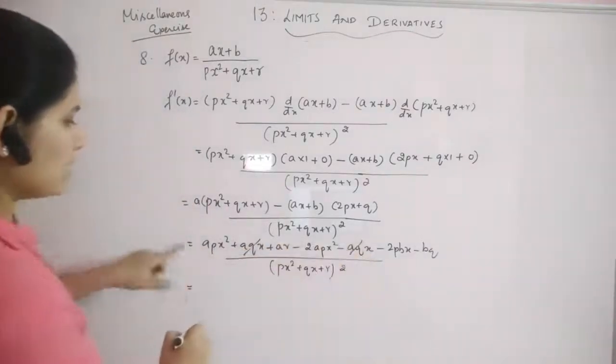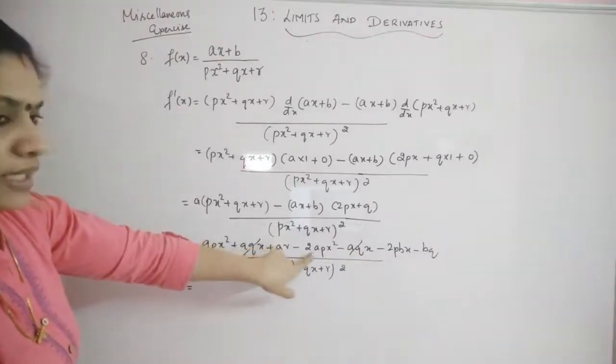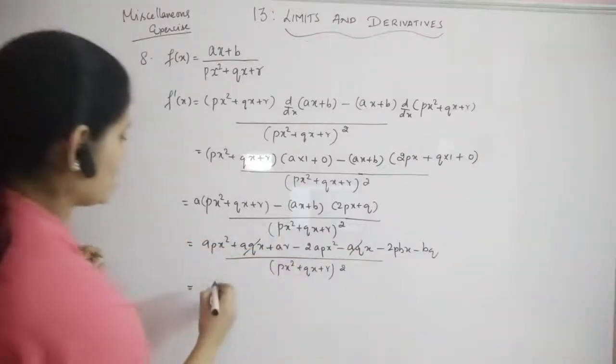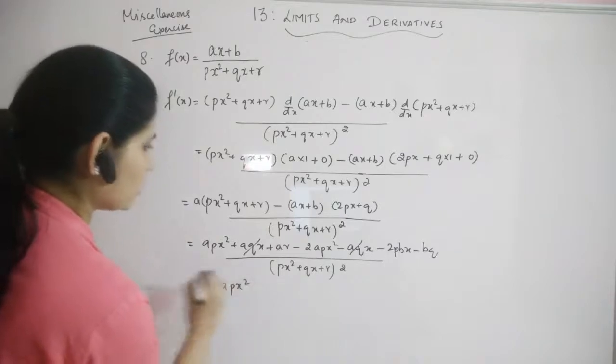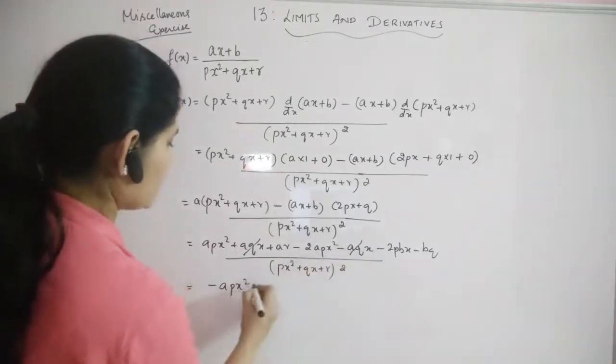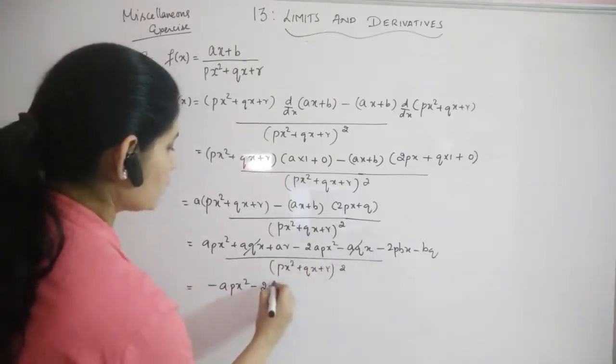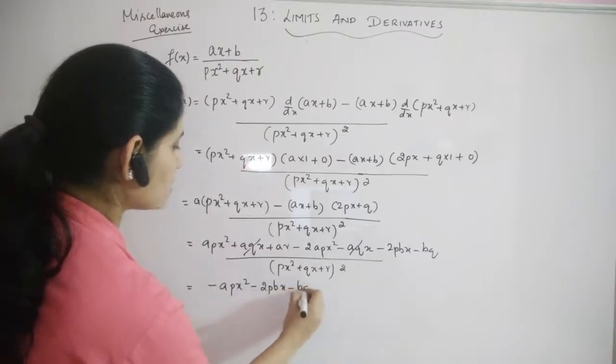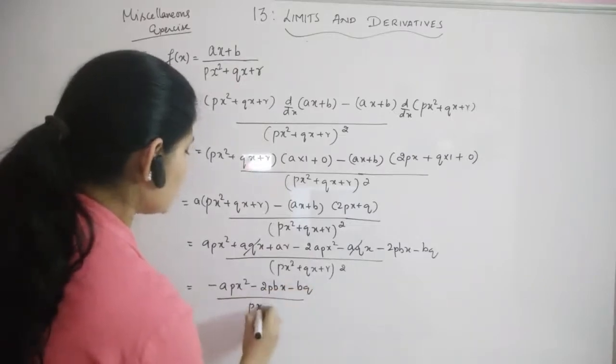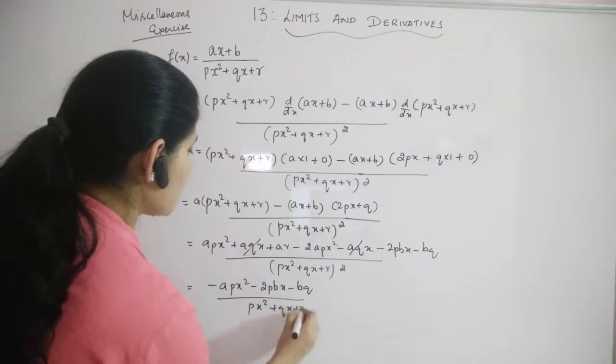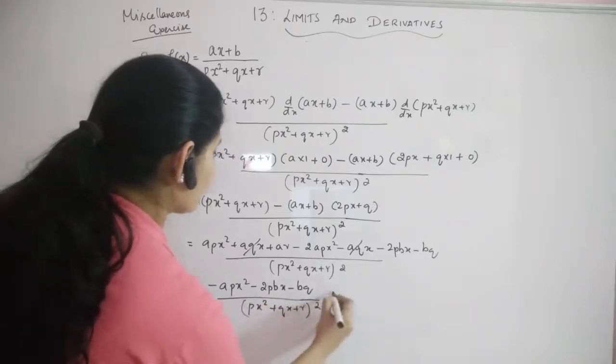will get cancelled and these two will give you negative apx² minus apx². Then which terms do you have? Minus 2pbx minus bq divided by (px² + qx + r) the whole square.